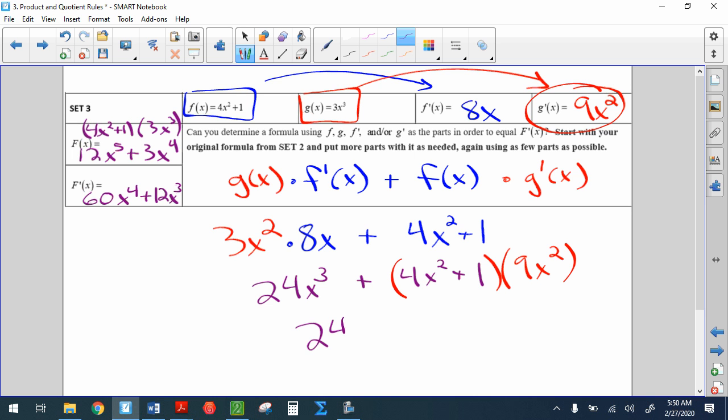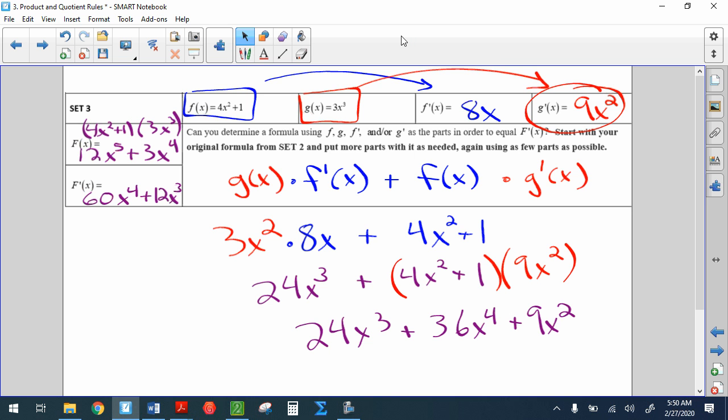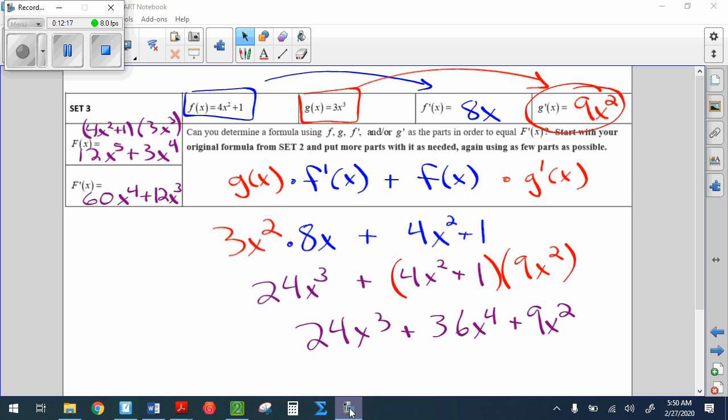So I have 24x to the third plus 36x to the fourth plus 9x squared. So that doesn't look anything like what I'm supposed to have.